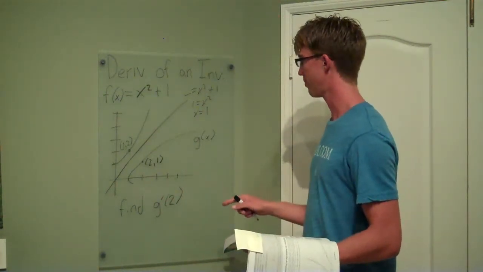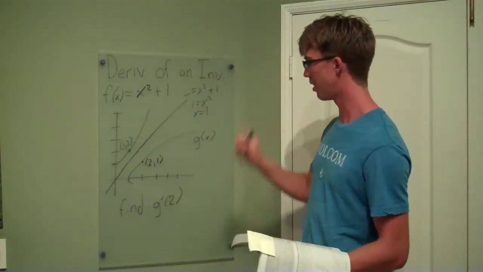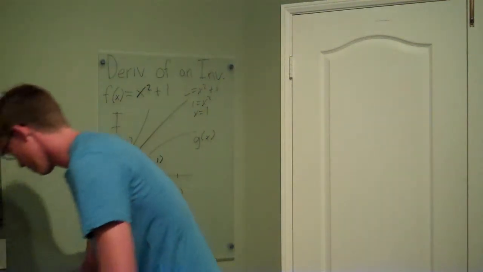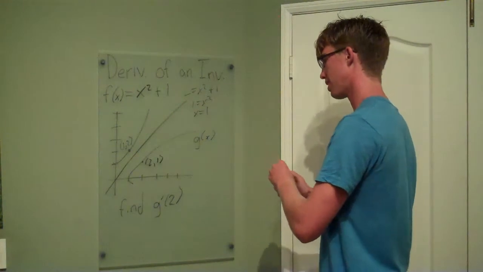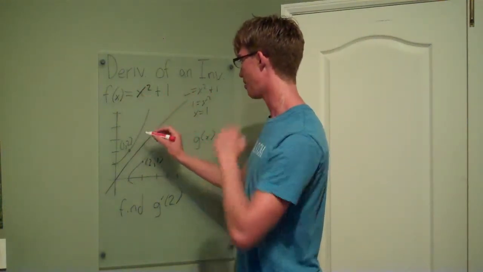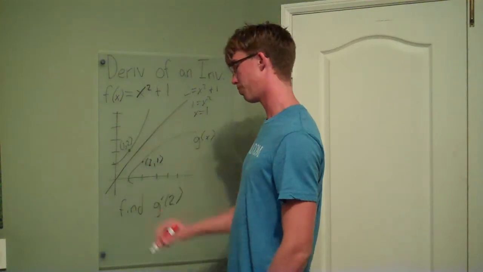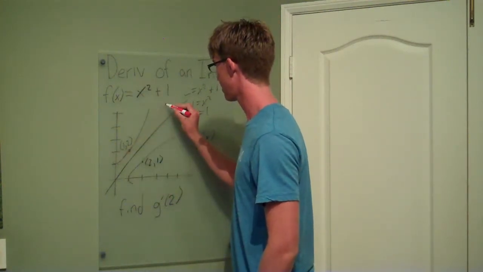And so what you do is, well, let me show you. Let me show you what the slopes will look like here. So, here, on f of x, at the point of interest, we have a slope that looks something like that.